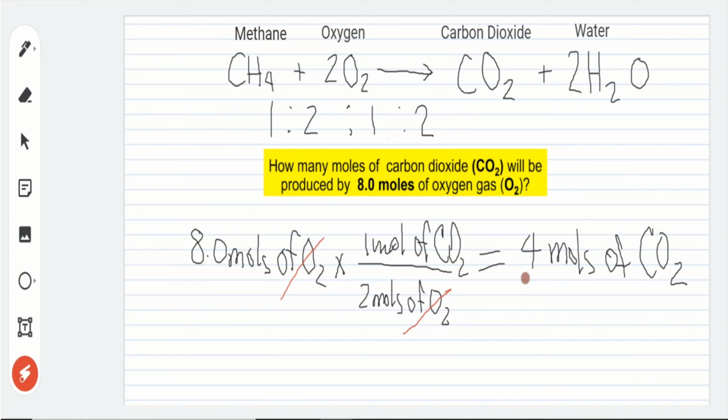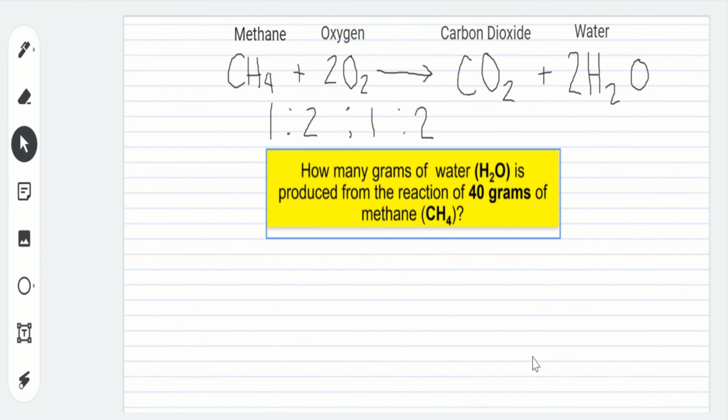Kasi kung titignan nyo, itong 4, multiply natin dito sa 1, that gives us 4, right? And if we multiply this 4 here dito sa 2, that gives us 8. So, yung simplified ratio pa rin nila is 2:1.